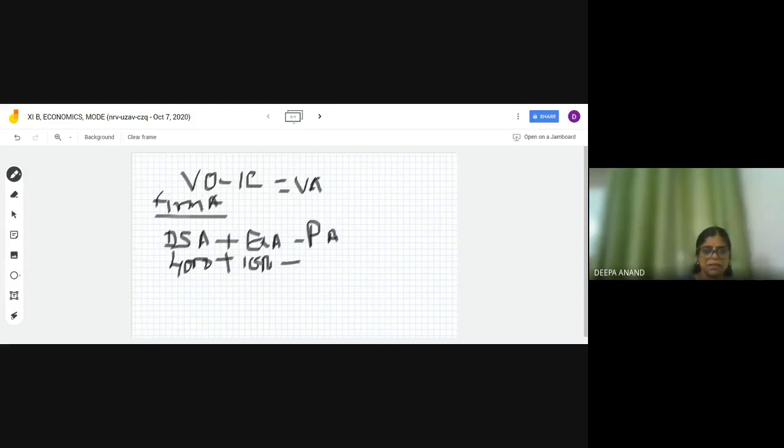Whenever purchase is given, you have to take it as their intermediate consumption. So 4,800. This is the value added of firm A. Are you there?